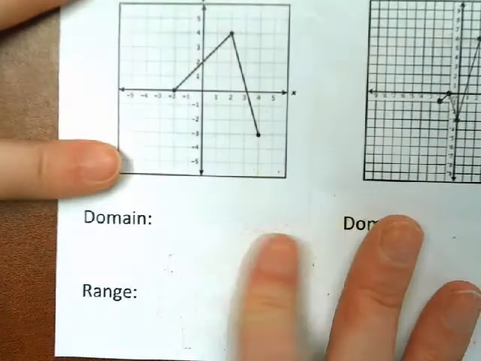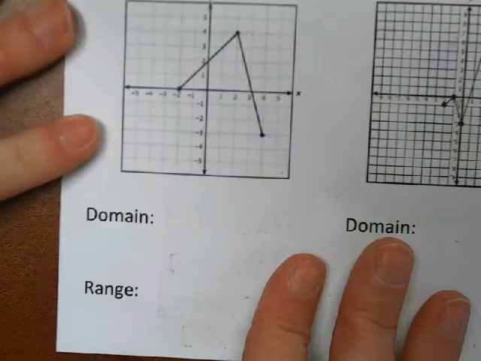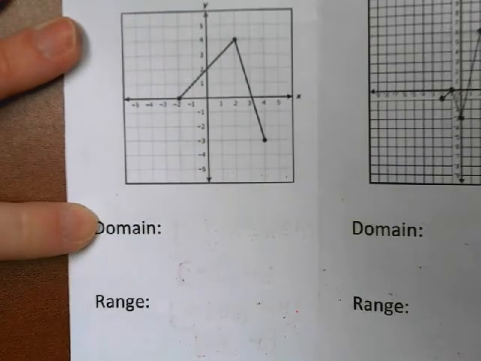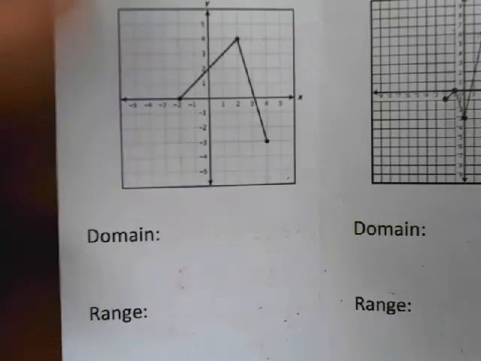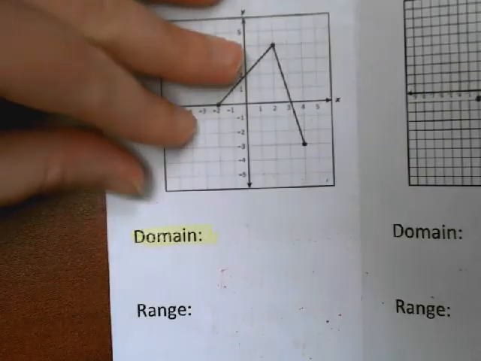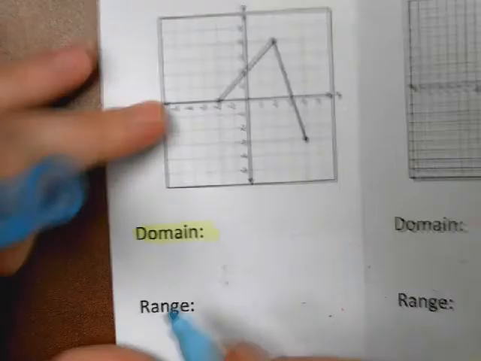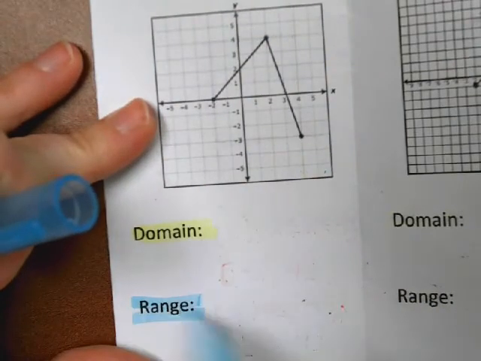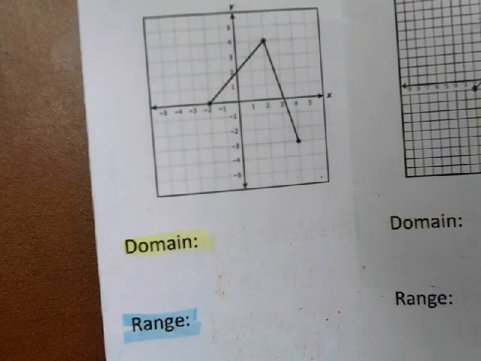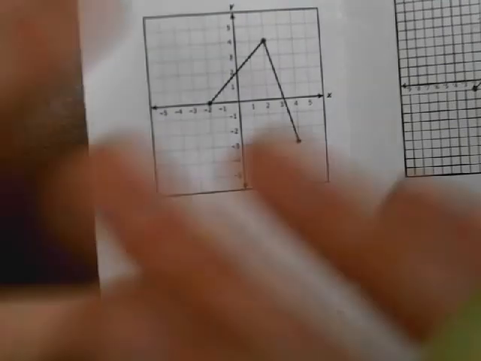Okay. So let's open up the booklet to the very first page. Here, domain. So what we're going to do is take our domain color. For me, I think that was yellow. My range is blue. I'm going to make a line that creates a box around this graph that will completely encase it.